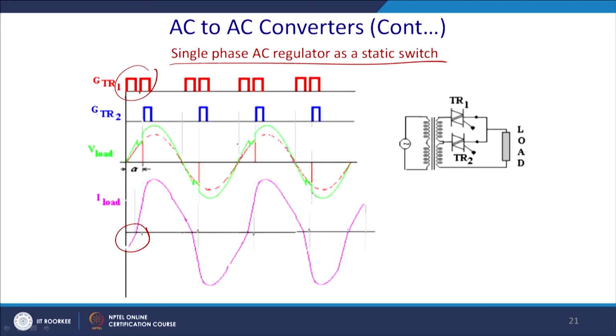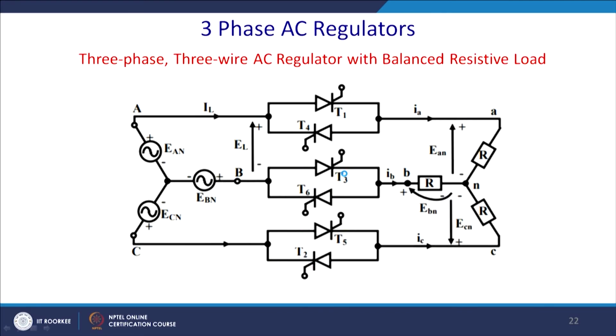So, this red one is for when the upper thyristor is gated, and the other is for when the lower thyristor is gated. So, your amplitude will come down, and the same sequence will be followed. Now, this concept can be extended to the 3-phase system.